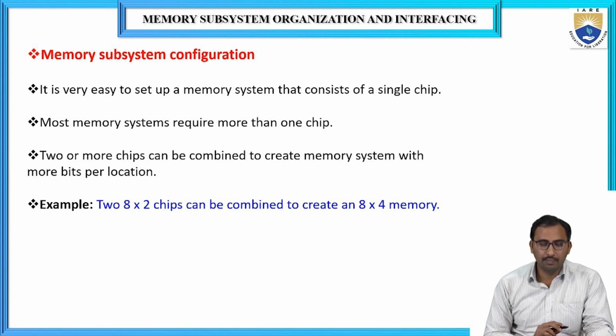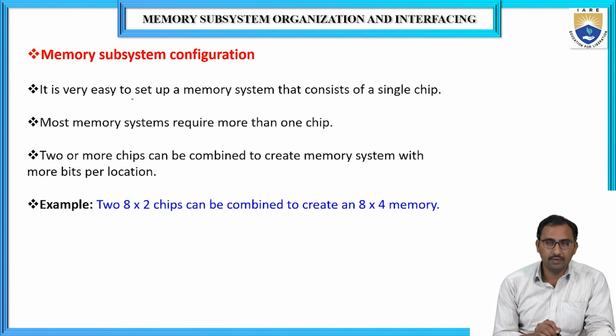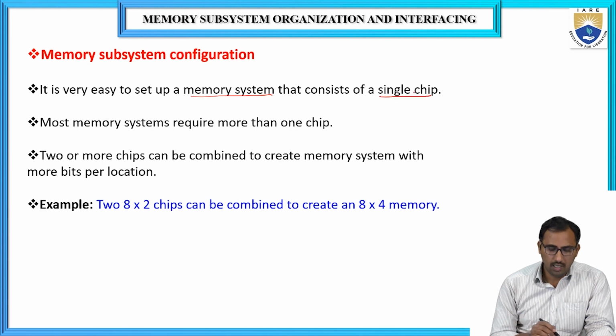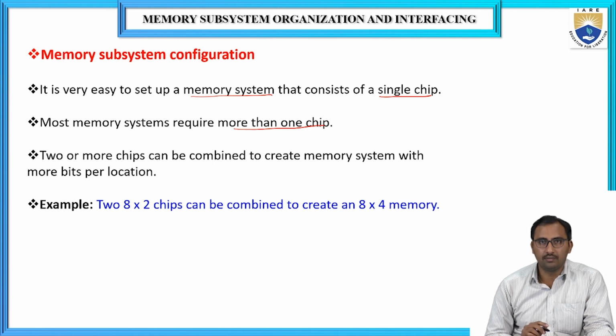Okay, and coming to the memory subsystem configuration. It is very easy to set up a memory system that consists of a single chip, but most memory systems require more than one chip.